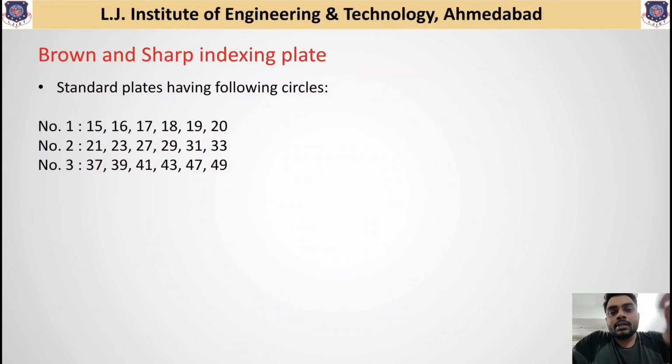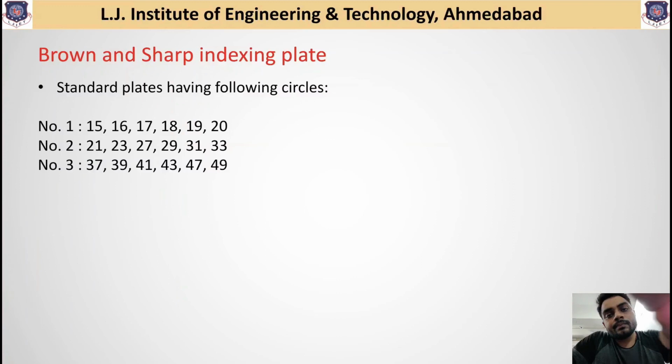Similarly, in plate number 3, you can see from 33 onwards only, neglecting the numbers that are multiples of 5. The odd number series 37, 39, 41, 43, we are neglecting 45, then 47 and 49. So just by memorizing these odd number sequences, you can easily memorize the holes available on the standard indexing plate.